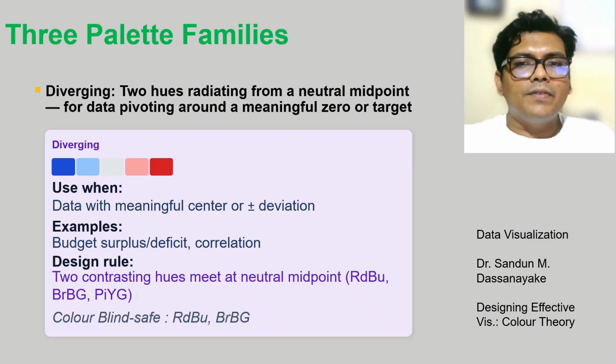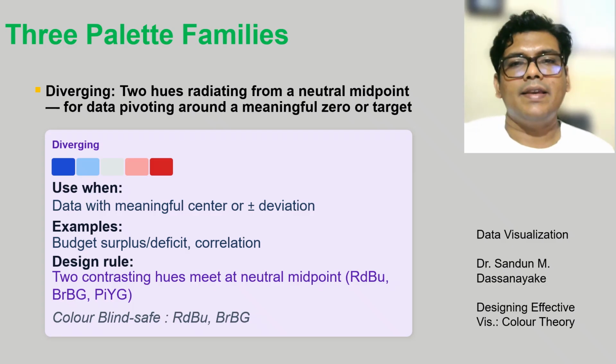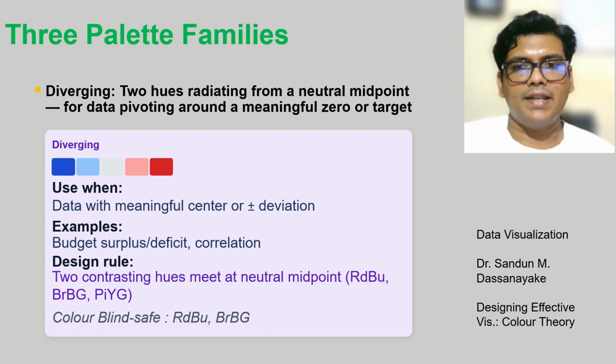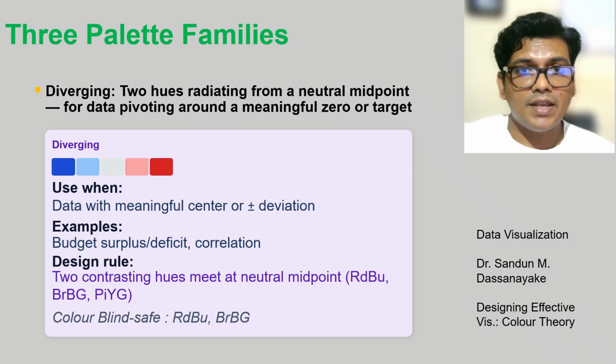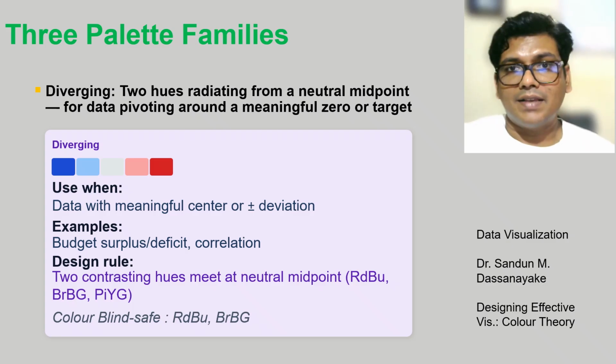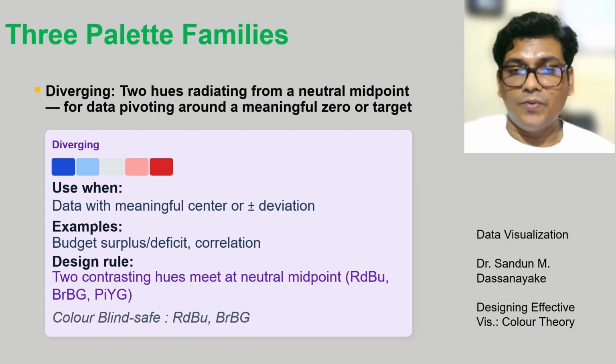Both arms of the palette should carry equal visual weight unless you deliberately intend one extreme to appear more significant than the other. You might have seen these visualizations in different cases where they promote some products or discuss extremes in climate or weather patterns.